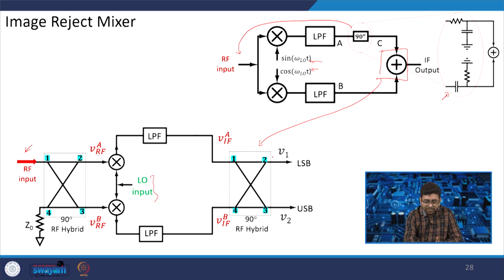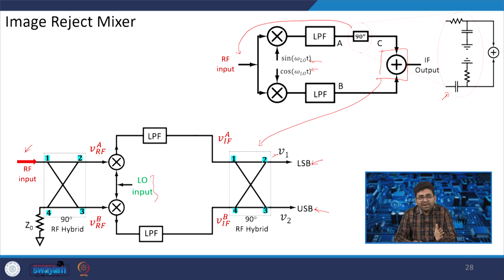If you are looking at port 2, it is a signal combined from port 1 and port 4. Similarly, you can get at V2 from ports 1 and 3, only there is a phase difference, and due to that you can tap either the lower sideband. If you tap from one side, it will give you the lower sideband. If you tap from the other side, you will get the upper sideband. So, one of the signals will be the image and one will be your actual signal.